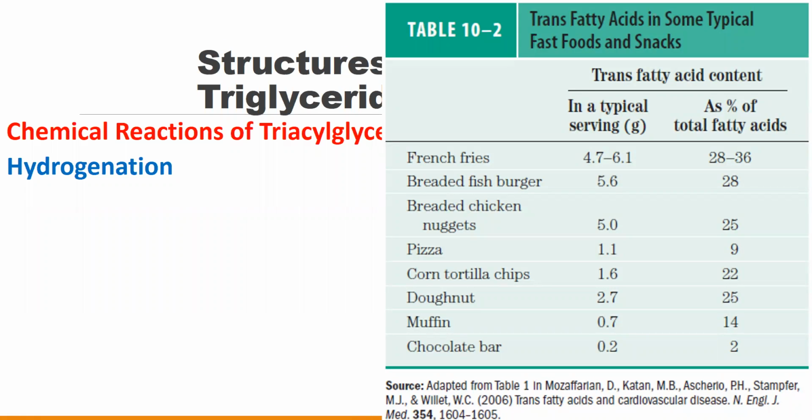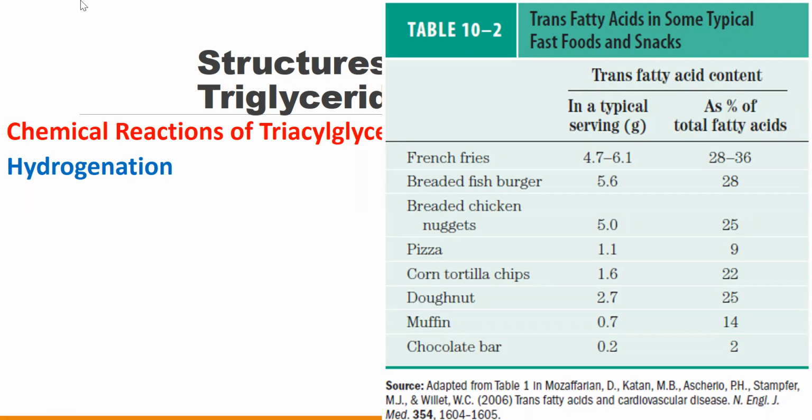So here are trans fatty acids in some typical fast food and snacks. You have to be careful about the food products that we are taking, and expect that there are fatty acids contained in our food products. So you have trans fatty acids. Normal fatty acids are in the cis form, right?